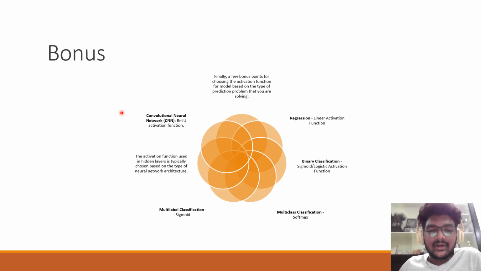For CNN-based, convolutional network based architecture, we recommend using the ReLU activation function, for regression we recommend using linear, for binary classification, the logistic activation function, for multi-label classification, sigmoid, and for multi-class classification, softmax. So these are recommended at the global level. You can use them when you need.